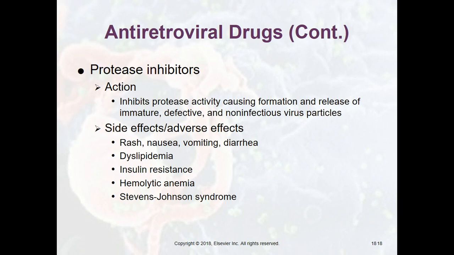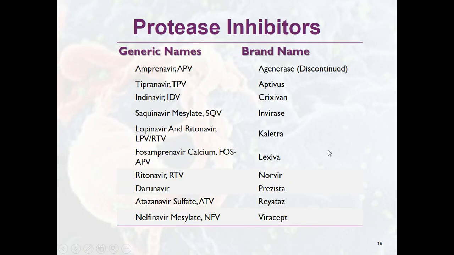So for our protease inhibitors, some of the common drugs that are often used are amprenavir, tipranavir, indinavir, saquinavir, and of these that are listed, the only ones that are actually familiar to me are ritonavir, darunavir, which is the Prezista, and nelfinavir, which is the Viracept.